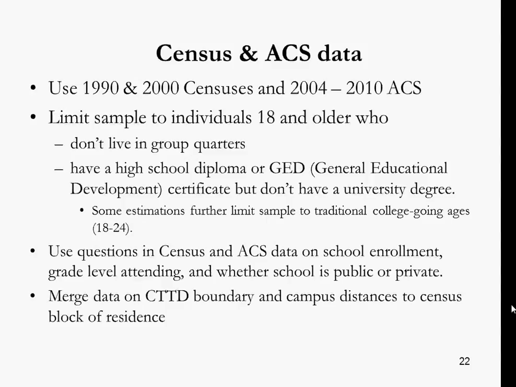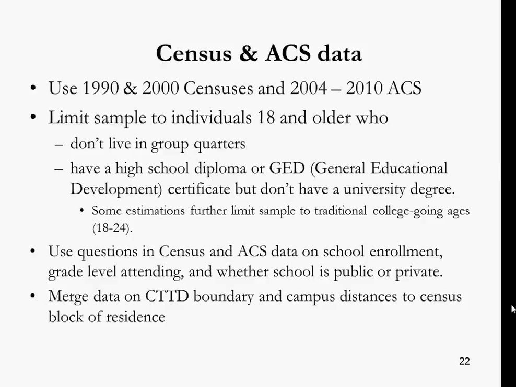Now, we're looking at a particular group of individuals. We want people who are able to go to community college, so we're looking at those with high school diplomas and GEDs, but also we're going to focus on those who don't yet have any type of higher ed degree, so they don't already have an AA degree or a BA degree or a PhD or an MA or whatever.